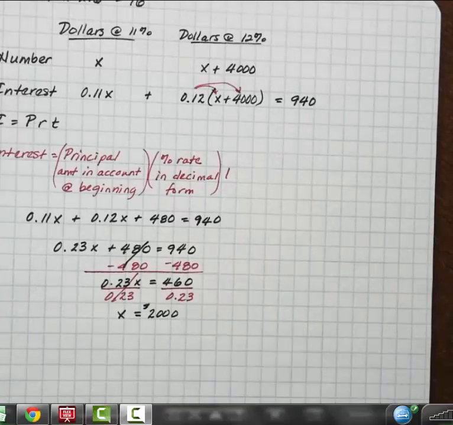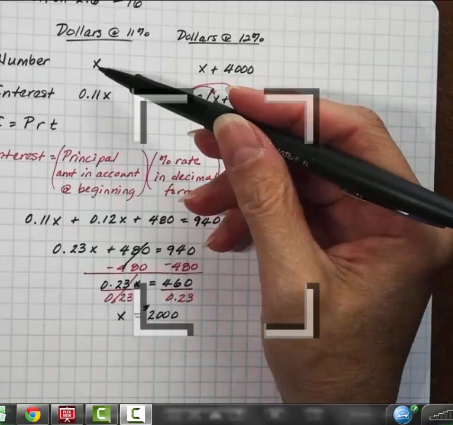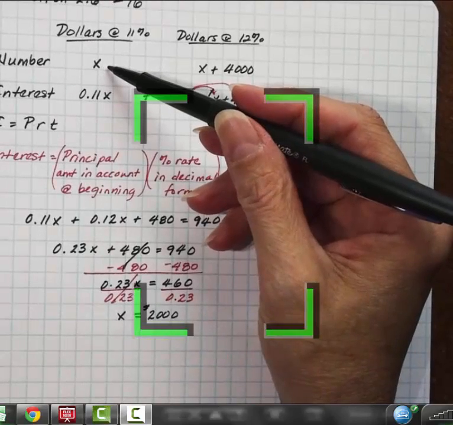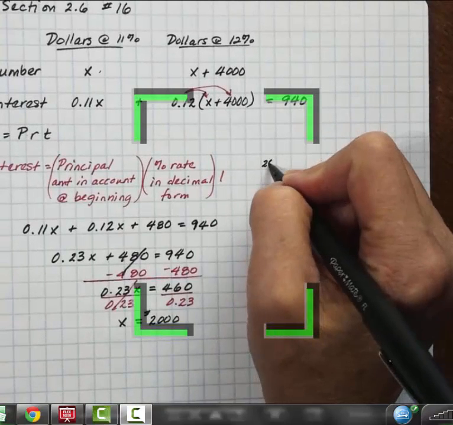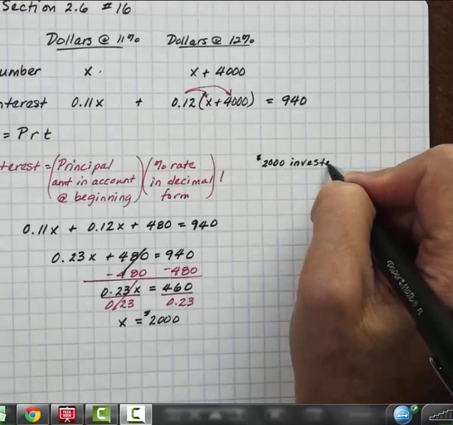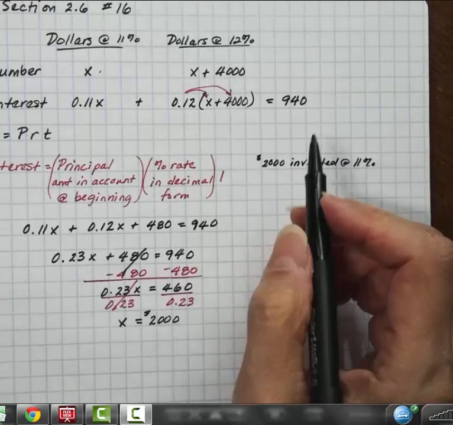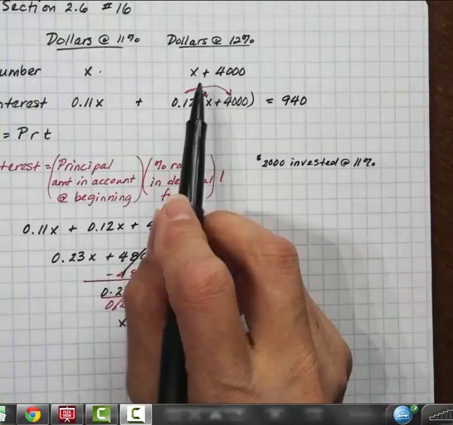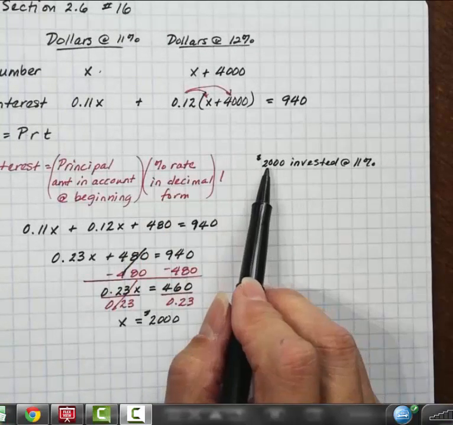So then we go back up to the top here, and what is x representing? It's representing the amount of money that we're investing at 11%. So $2,000 invested at 11%. And then to find out how much I'm going to invest at 12%, I need to add $4,000 to this answer.